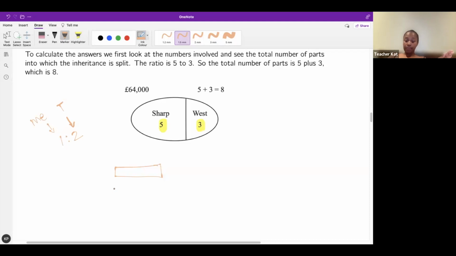After we share it, in total, how many parts are there between both of us? 3. That means there were 3 parts. For every one I'm going to get, this is me, the yellow one, and you're going to get the 2. So in total, there has to be 3 parts to share in the first place. Do you agree? Yes, ma'am.